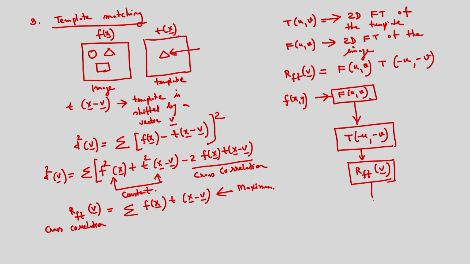And in this case I have to find the maximum value of R_FT, and determine at which point the R_FT will be maximum. So this is the fundamental concept of the template matching.